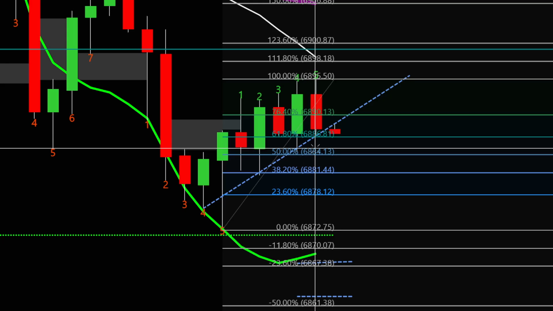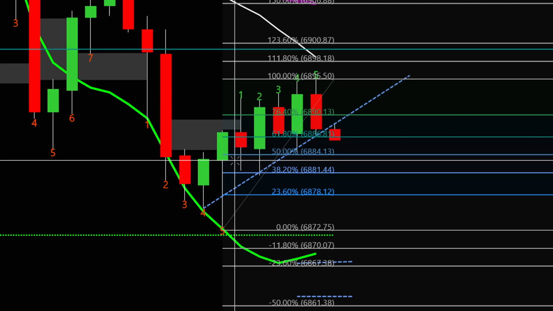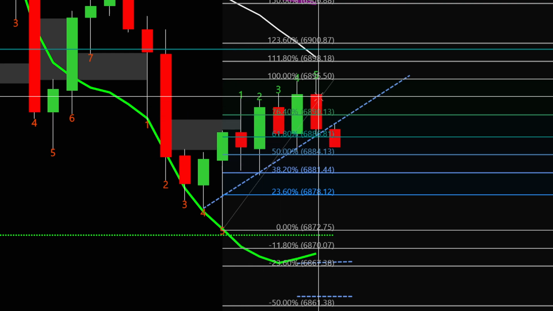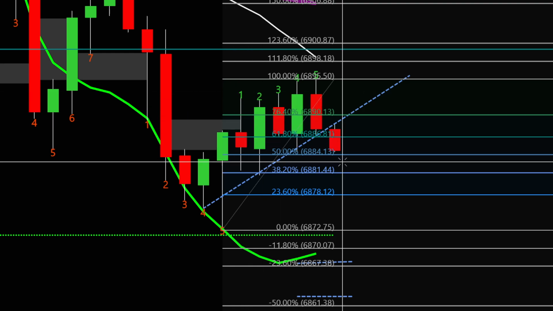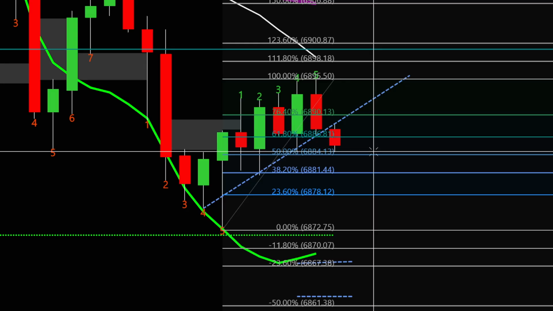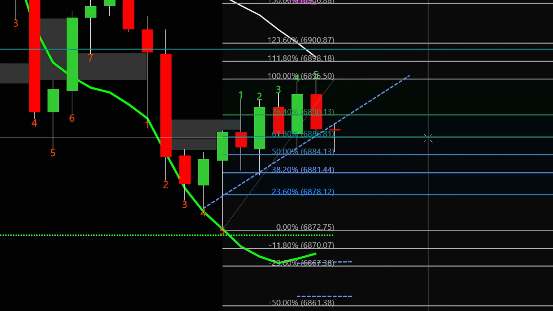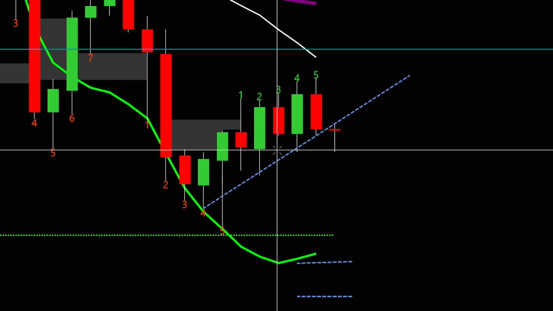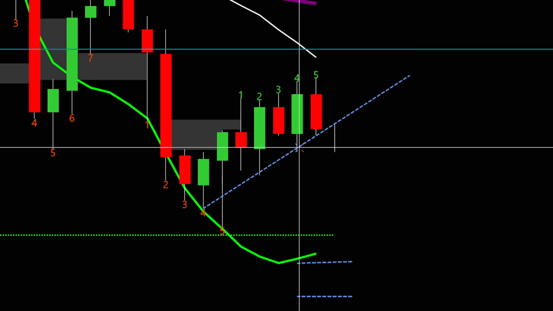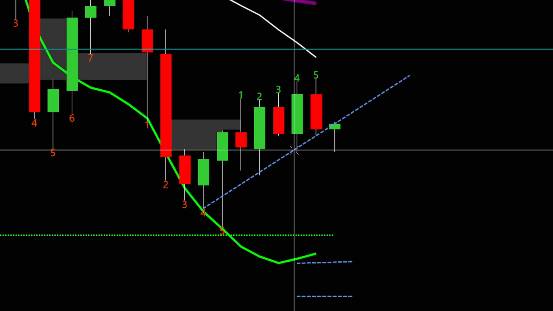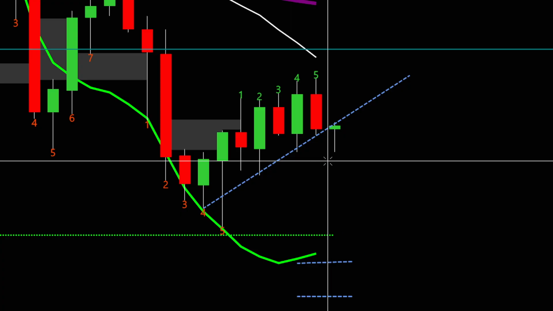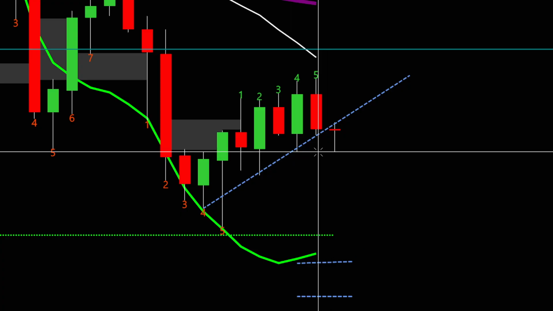You can do that, but as you can see, you would have been stopped out here. So here we see we're breaking that trend. But what do I see? Let me get rid of this fib. What I see is a small, tiny little liquidity right here at this candle. Notice it came down to it. And what's it doing? It's going back up.